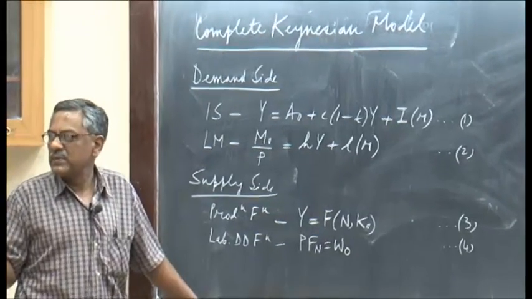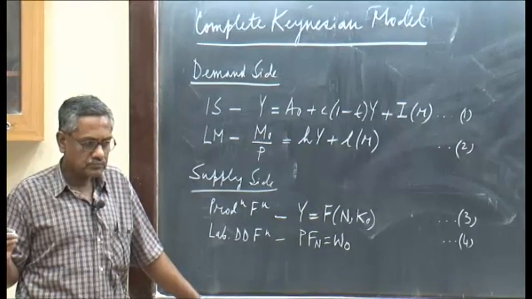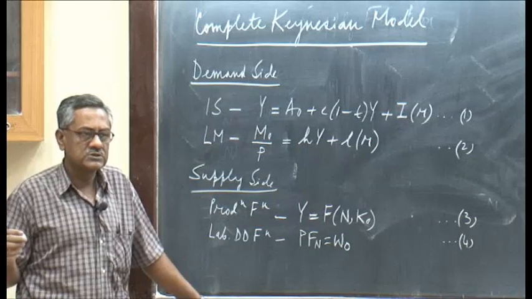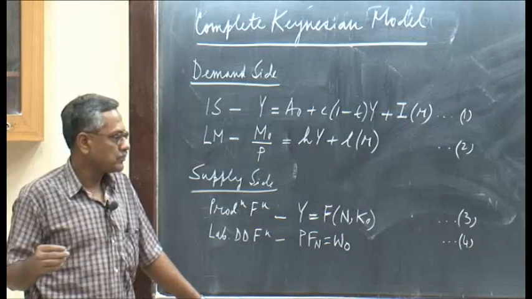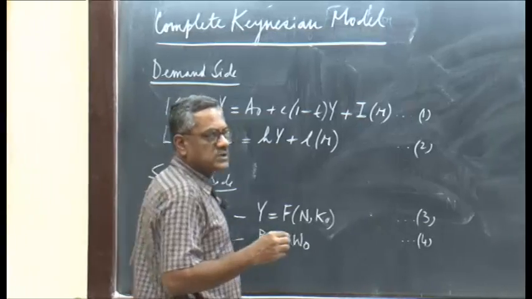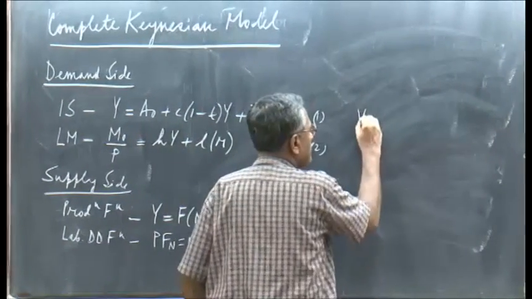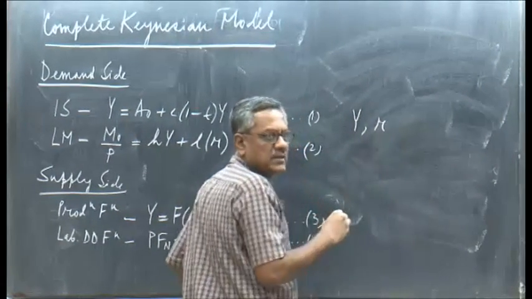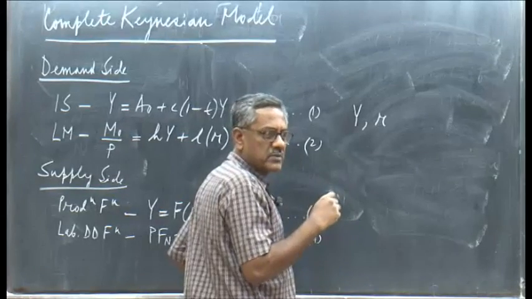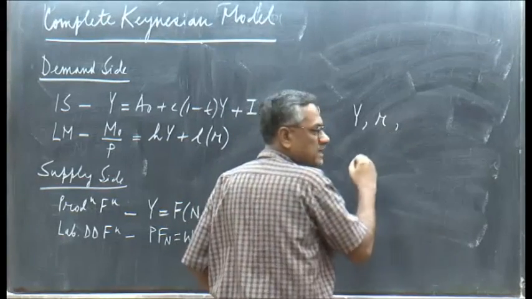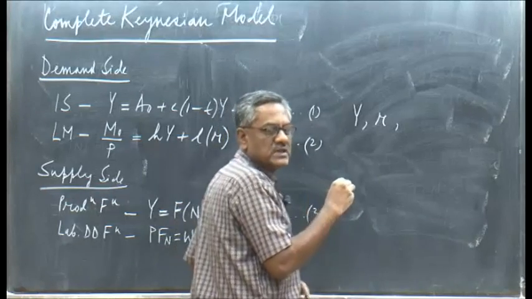What are the 4 dependent or endogenous variables that will be solved by the model? The variables are Y and r from the IS-LM, you know that, Y and r are determined. But what are the other variables? Now, with the supply side.